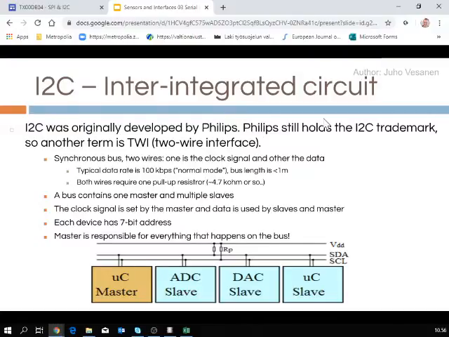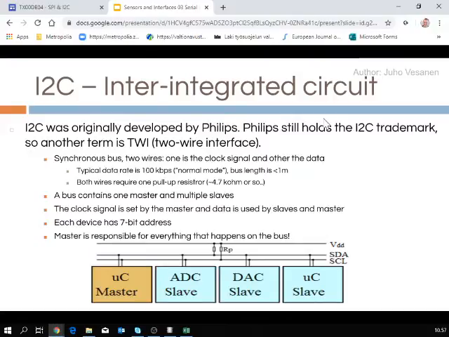But there are also ways to extend this bus to a separate circuit board, as long as it's a short distance. Anyways, each device has a 7-bit address, which is not much, which means that there's also another addressing mode. The basic addressing mode is 7-bit. There's also an extended addressing mode, which uses 11 bits.